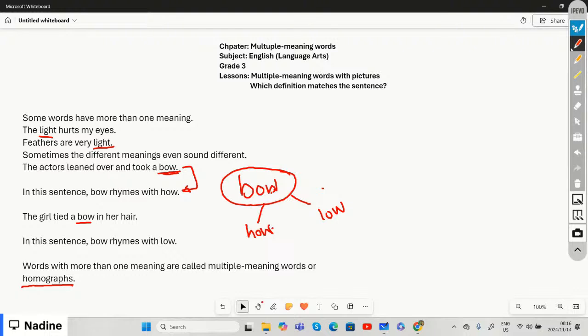All right. So once again, we said that some of the words have more than one meaning. Same word, different meanings, we call that homographs. And some of our words can also have a different sound. The spelling is the same, but the sound is different. Here we made an example of bow and bow, but it is one word.